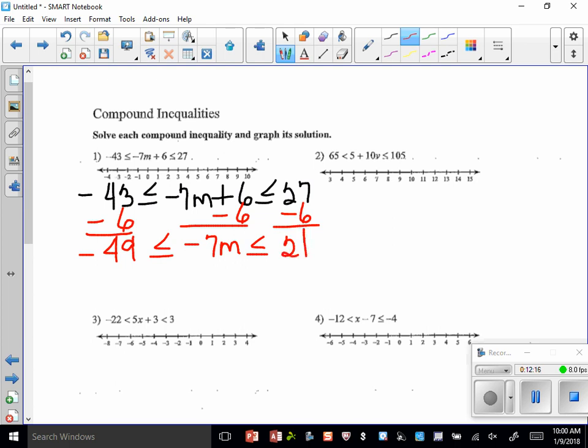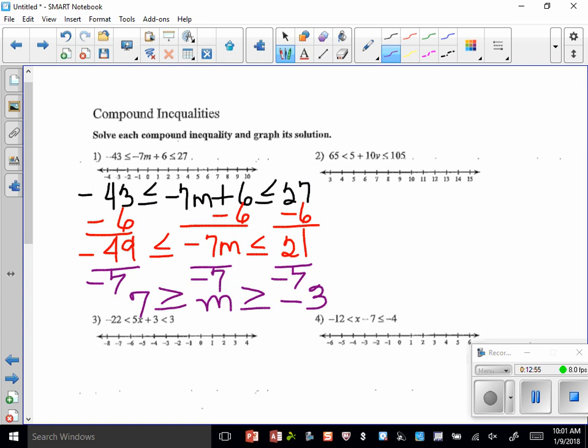Now I need to isolate the variable that's in the middle. What's the coefficient? Negative 7. So I'm going to divide everything by negative 7. When you divide by a negative, what happens? You have to reverse the symbol. A negative 49 divided by a negative 7 gives us positive 7. Now I'm going to reverse the symbol, and again. And 21 divided by negative 7 is negative 3.